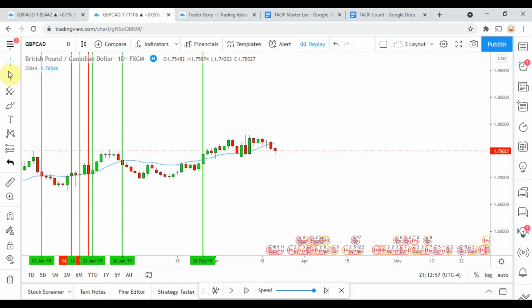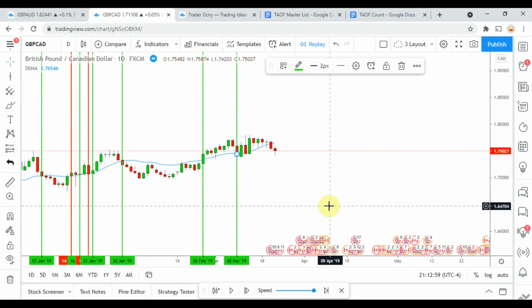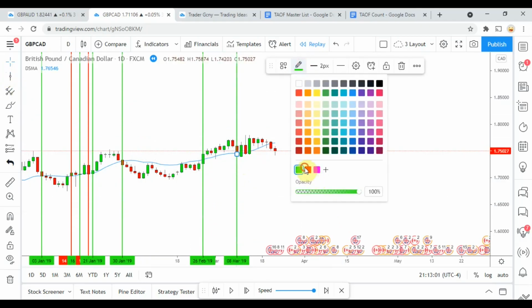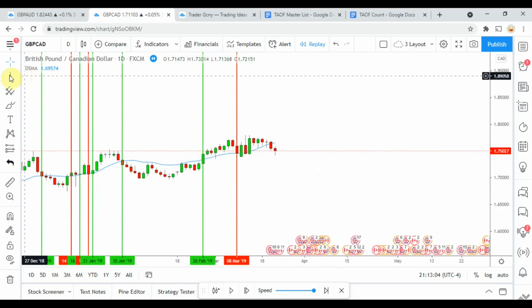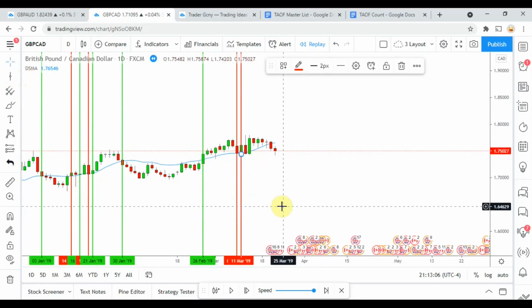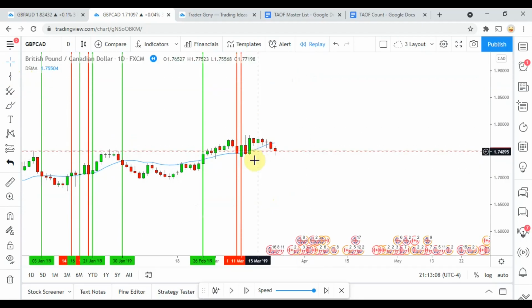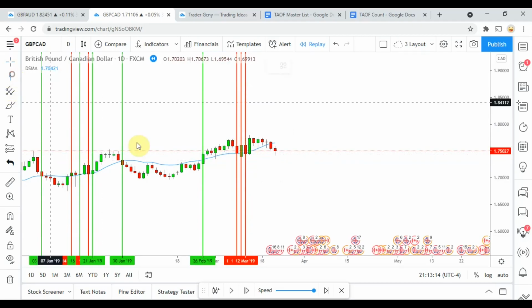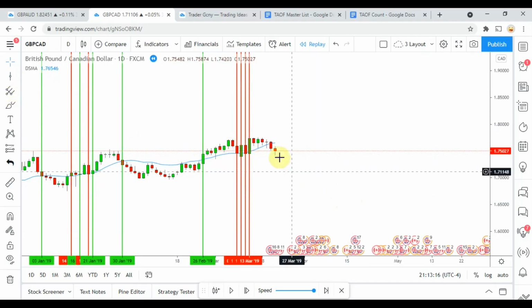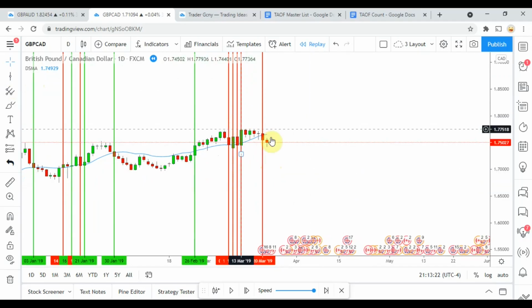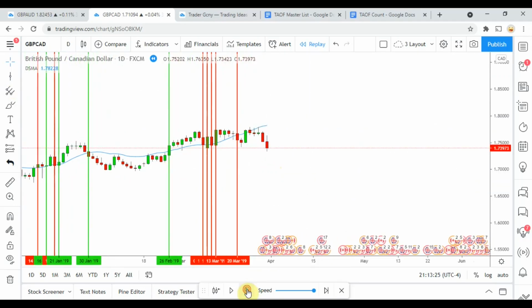And so it did close below ever so slightly, but almost immediately came back up there for a long signal, which almost immediately gets closed out by a short signal right there, which almost immediately gets closed out by a long signal right there. And then this kind of rolls over and ends up getting stopped out for a short signal on that side.